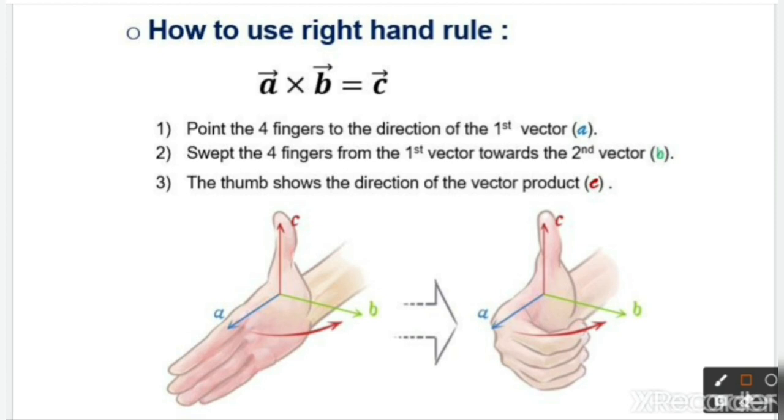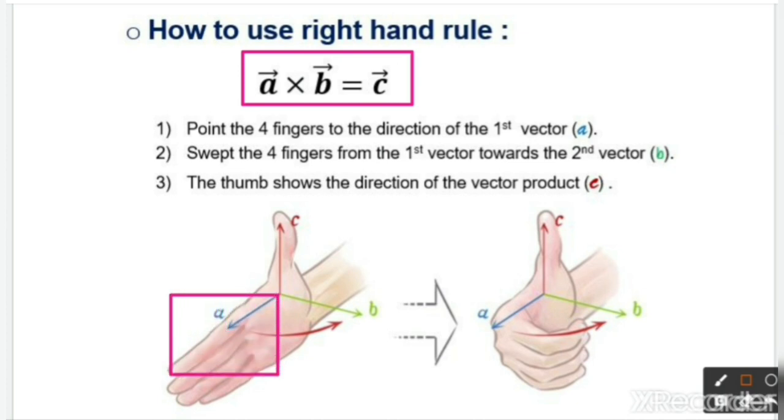The direction of the cross product is determined by the corkscrew method or right hand rule. For example, we have two vectors, A and B. When A cross B, it will produce a vector C. To determine the direction of vector C, first point your four fingers in the direction of the first vector, which is vector A. Then second, swing the four fingers from the first vector toward the second vector B, by referring to the direction of your palm.